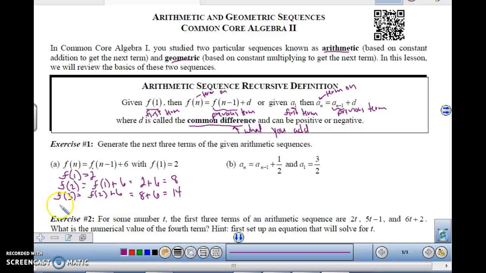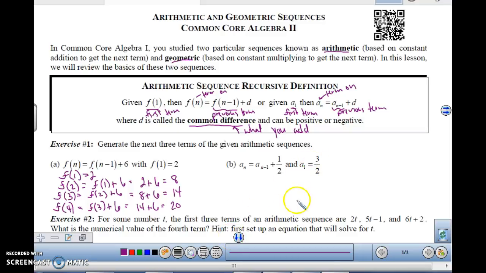Then the fourth term: if I'm the fourth term, I would need the third term. 4 minus 1 is 3, plus 6 would be 14 plus 6, which is equal to 20. So on this one, I had to start with the first one, take the previous term, and add 6.